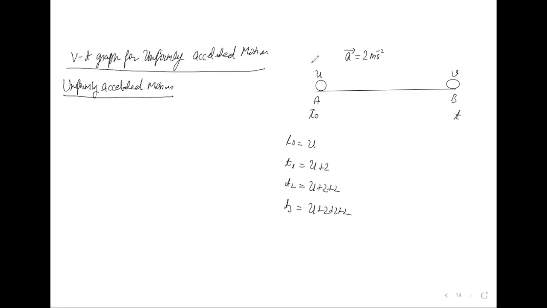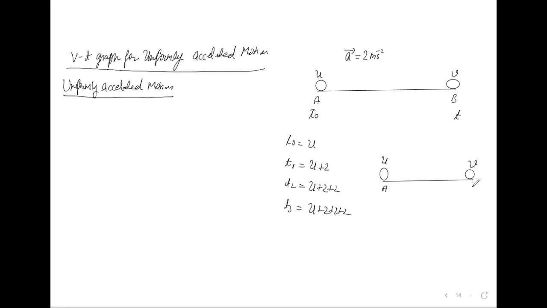So let me explain another type of motion. Suppose that there is another type of motion, and this is the initial and this is the final of the object. Now the object started with initial velocity u and ended with final velocity v, similarly as it was in this case.